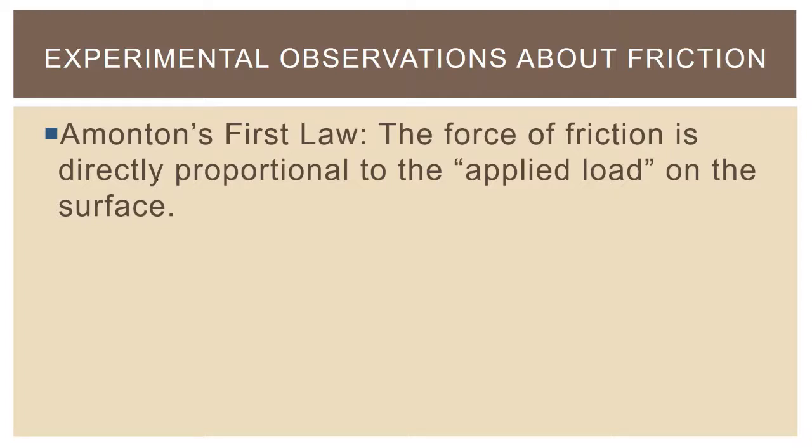Now, we can refine that a little bit, because the applied load on the surface, according to Newton's third law, is equal to the force the surface applies on the object. In other words, to put this in terms we can easily understand, the force of friction is directly proportional to the normal force.